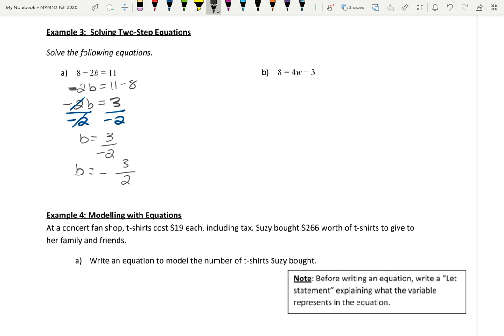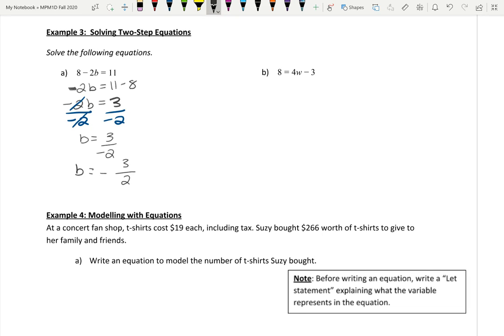But if it's not a money question, or if it doesn't specifically tell you to have your final answer in decimal form, please leave it in fraction form. Also leave it as an improper fraction. Don't convert it into a mixed fraction. Just leave it in improper fraction form.